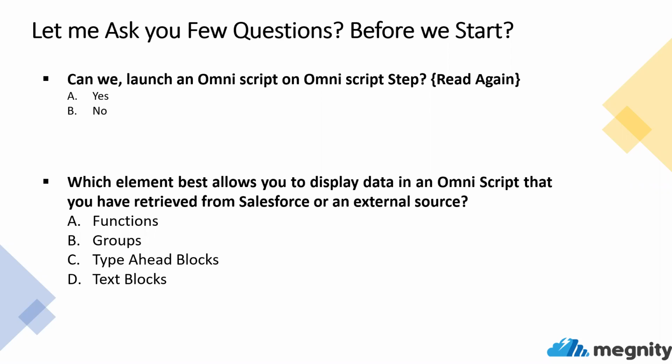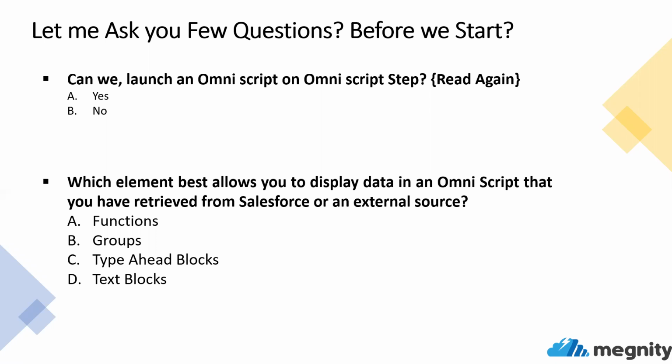You know, right, what is a type ahead block? It's a question to everyone. Yes, Anand. What is a type ahead block? It's like a search type of thing. Only one element will be there, and you can display only one thing. So I am asking, you are retrieving Salesforce data.